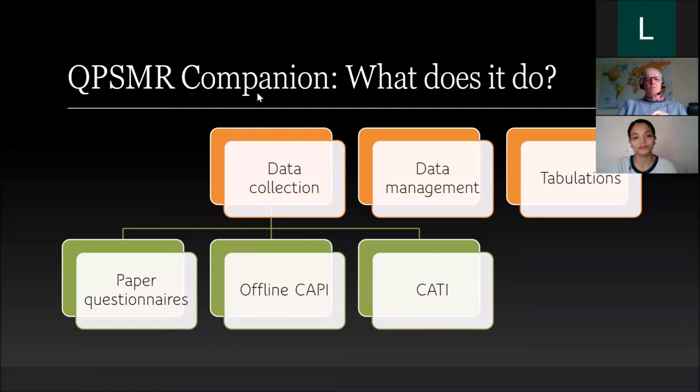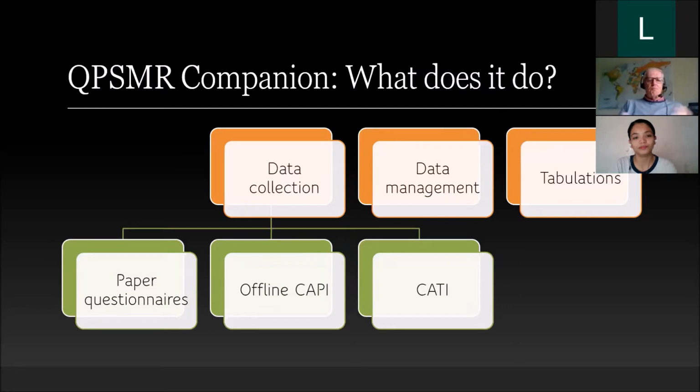And just for those who don't know anything about QPSMR or very little about it, let's just put it in context in terms of what it does. I'm not going to spend too long on this, but it really has 3 main modules, or 3 parts to it. That's the part where you do data collection, the part where you handle data management, and the part where you handle tabulations.